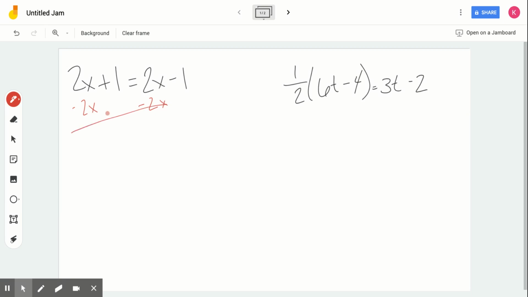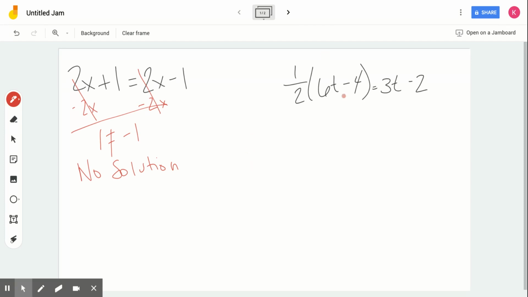When we're using those inverse operations, we know that 2x minus 2x cancels. So we're left with 1. Again, 2x minus 2x is canceling each other out, and we're left with negative 1. If 1 is not equal to negative 1, which we know it is not, this equation would be said to have no solution.